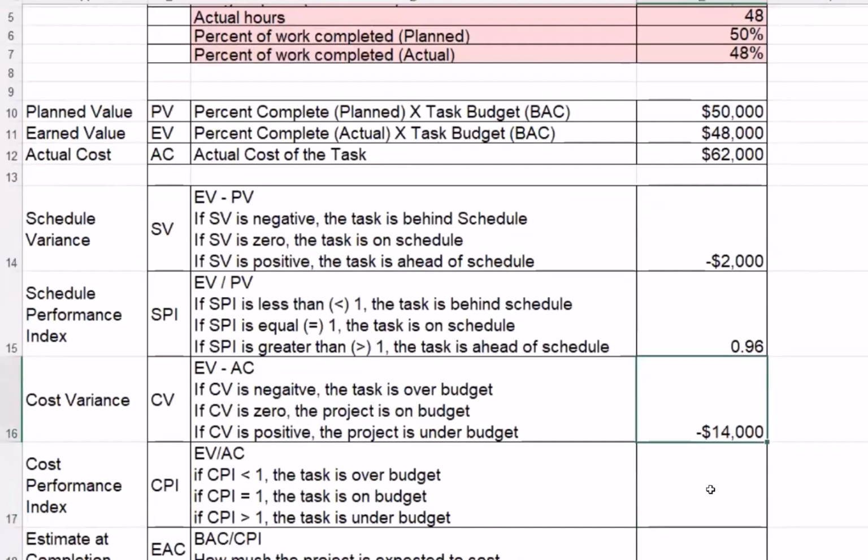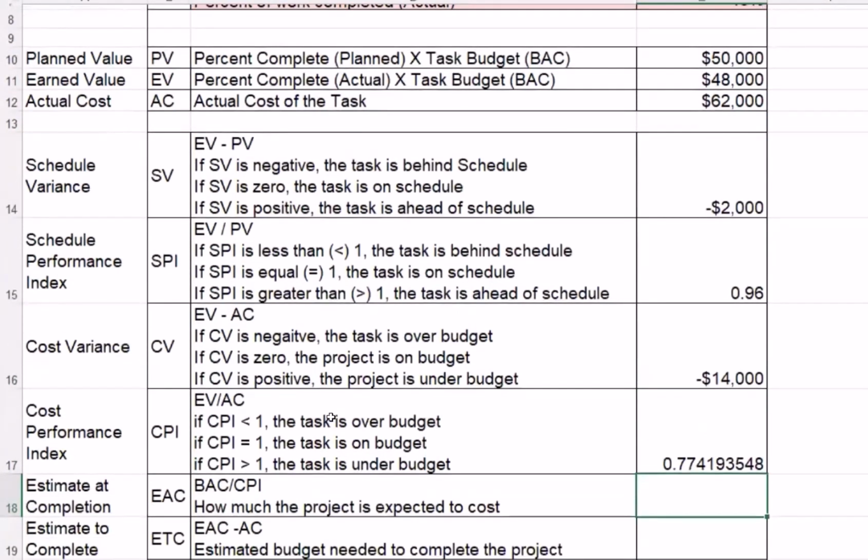Right now it is negative. Therefore, we are over budget. The CPI is EV divided by AC. If it's less than 1, it means it's over budget. Greater than 1, it's under budget.